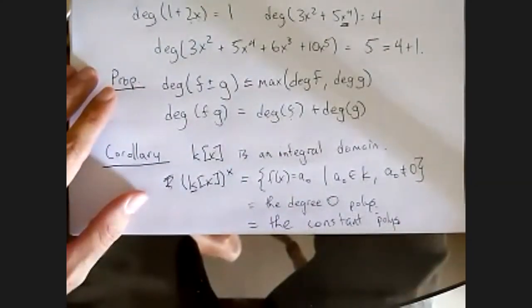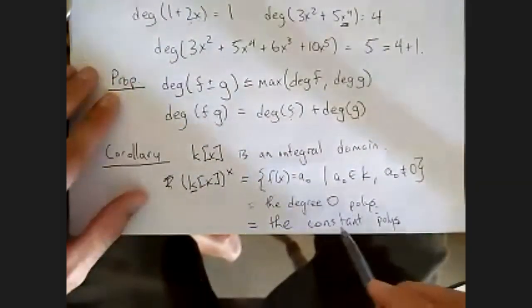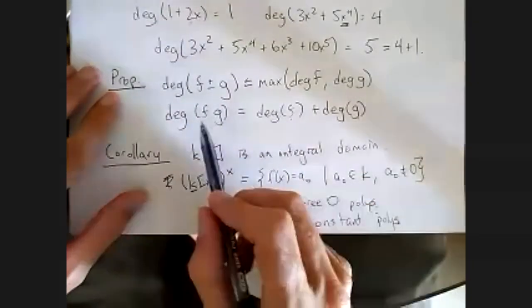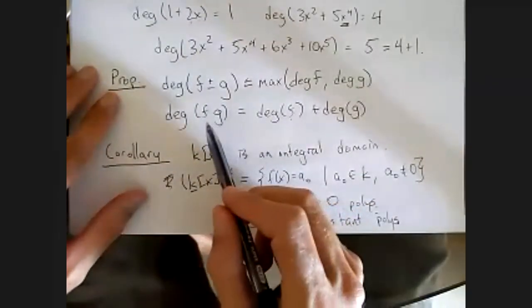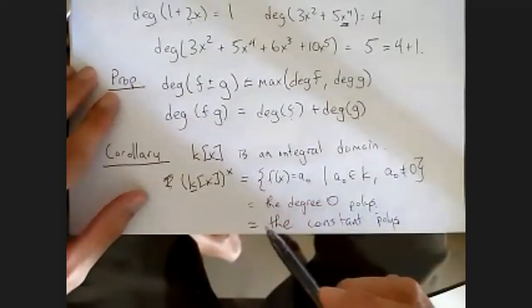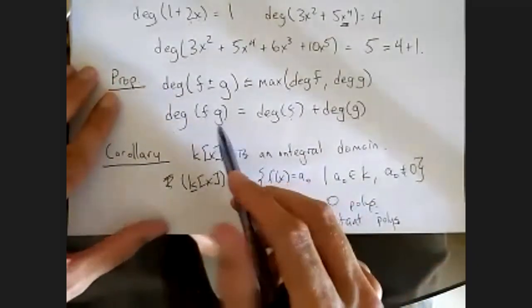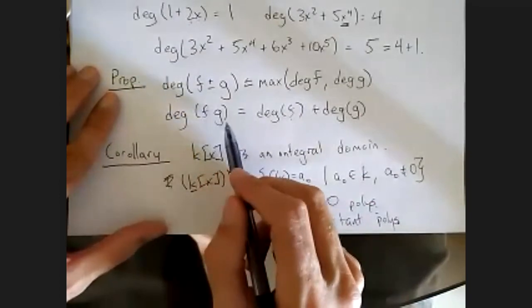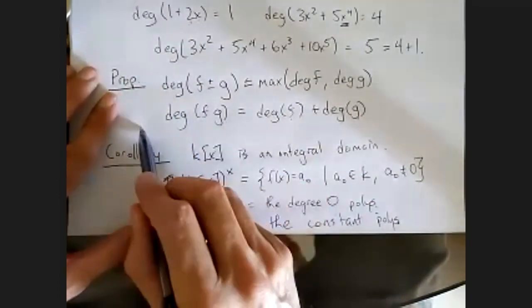Okay, and another example: how do you show that the only polynomials which have inverses are the constants? Well, if f times g is 1, the degree of the constant polynomial 1 is 0.